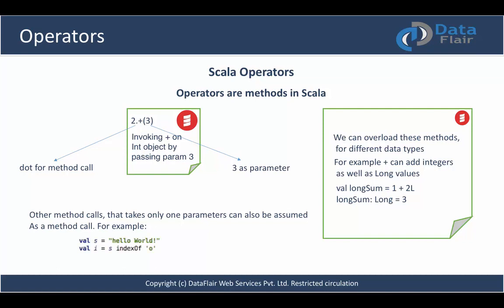And see, we have defined a value s with a string literal "hello world". Then we try to take the index of o from that string object, calling a method indexOf, and we were able to do that.